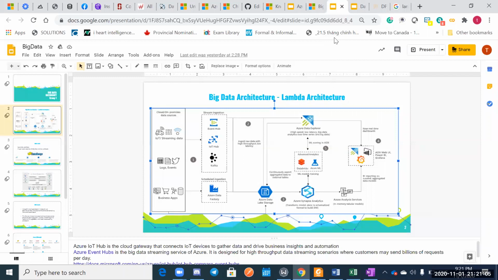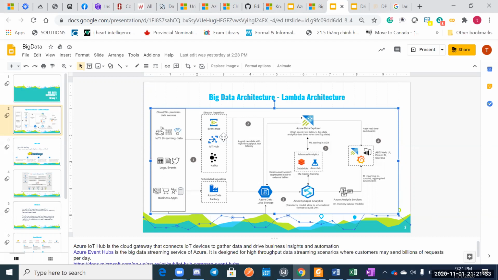So going back to our architecture, in the hot path we do ingestion through Event Hub, which is an IoT service from Azure, and we also have IoT Hub, which is another IoT service from Azure. You don't need to know exactly the difference between the two, because there's another certificate on IoT that emphasizes this.